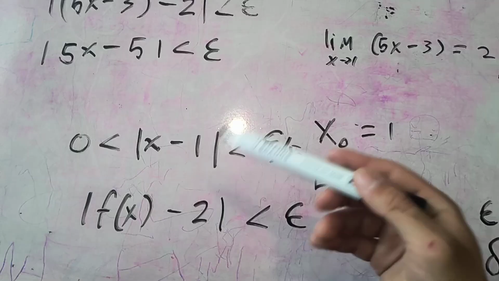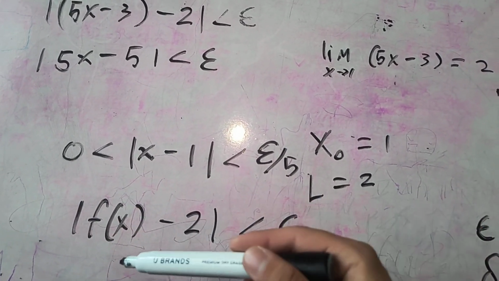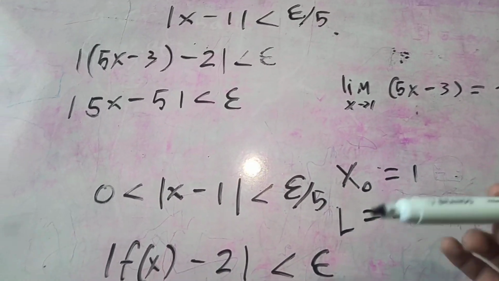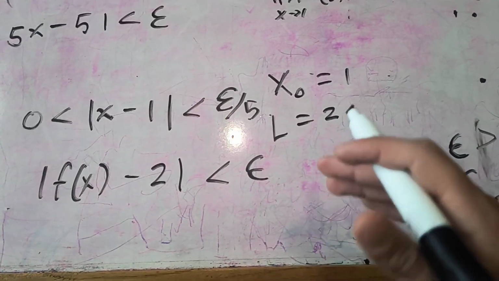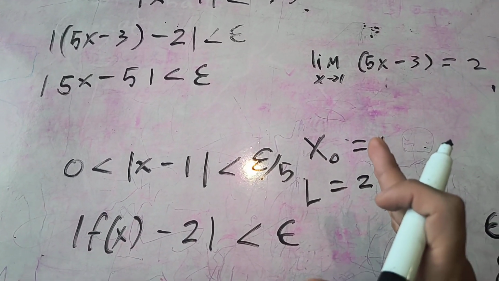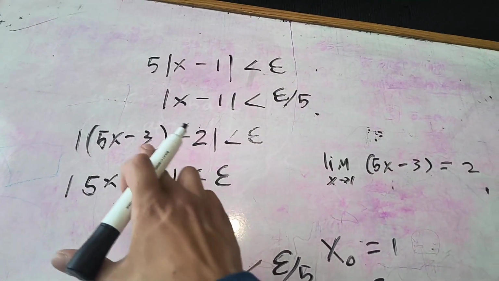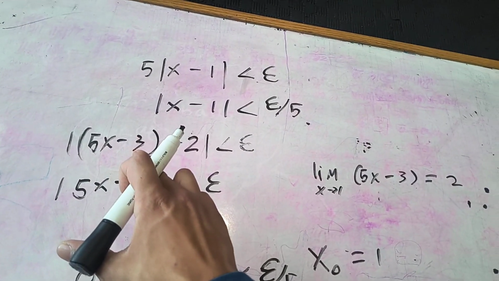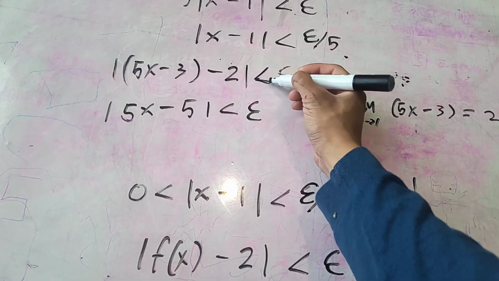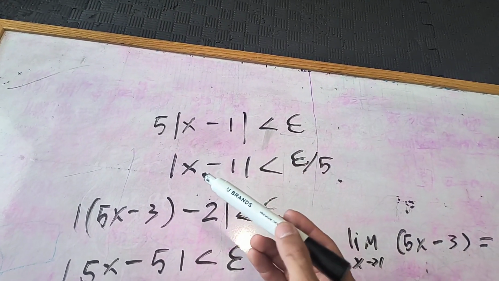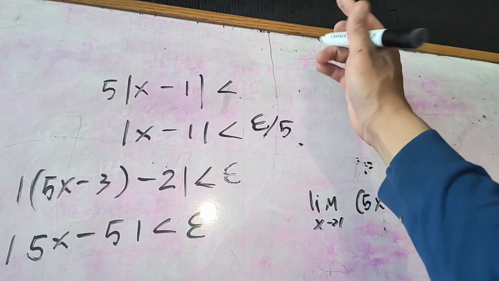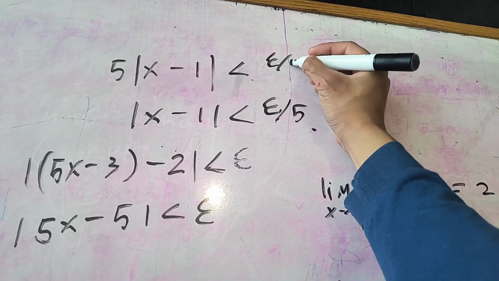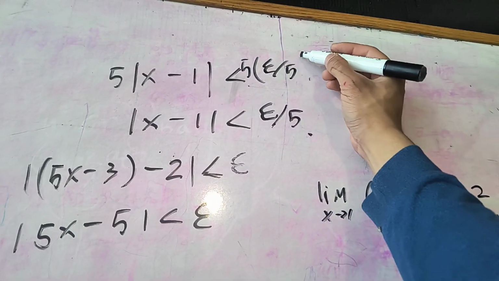Now we have to show that, given this delta, f of x minus 2 is still within epsilon distance. By again doing this inequality, we go through the same steps, and when we get to here, it's still less than epsilon, because we can say this is also equal to delta, which is epsilon over 5, times 5.